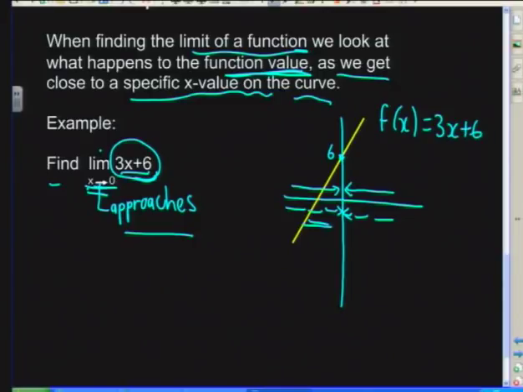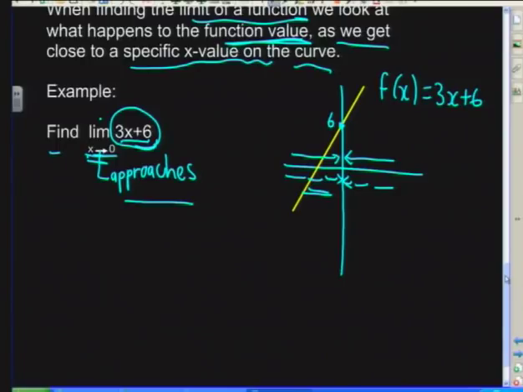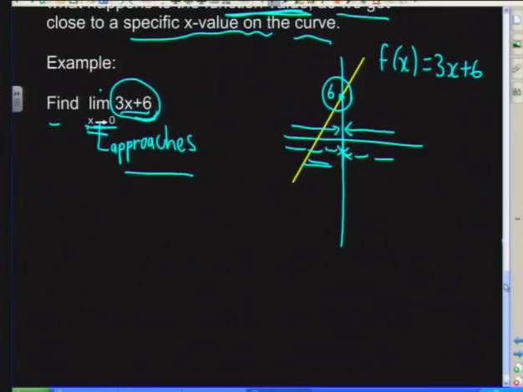Now you can see from the graph that I've drawn that the function value will be 6 when x is equal to 0. So as x approaches 0, the function should approach 6, right? So how do we set this up? So we write the limit as x approaches 0 of 3x plus 6.